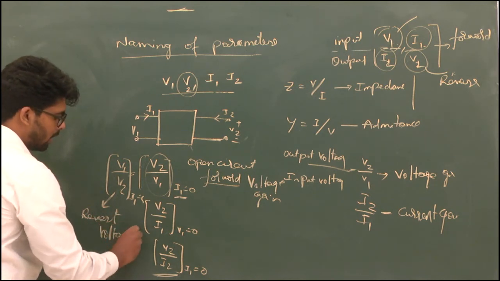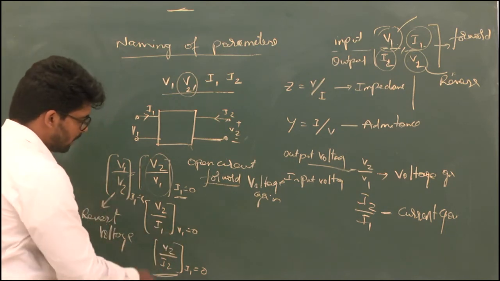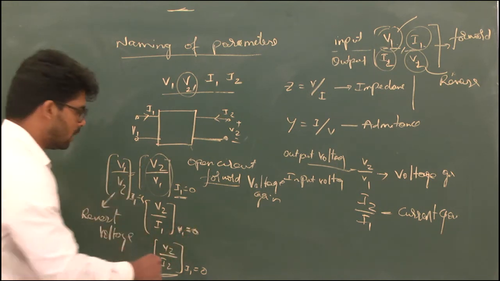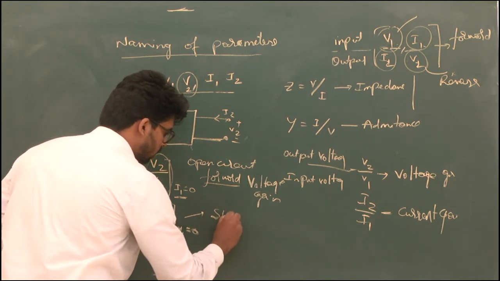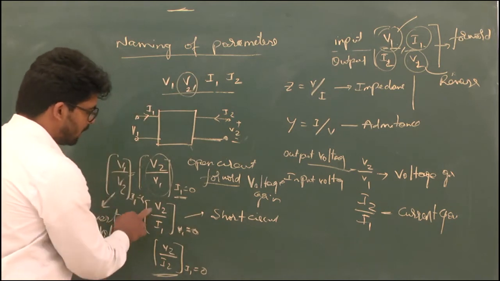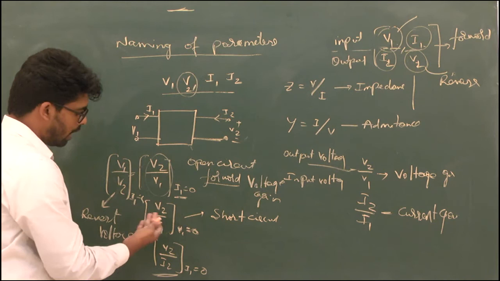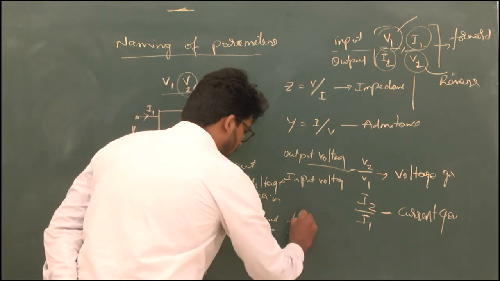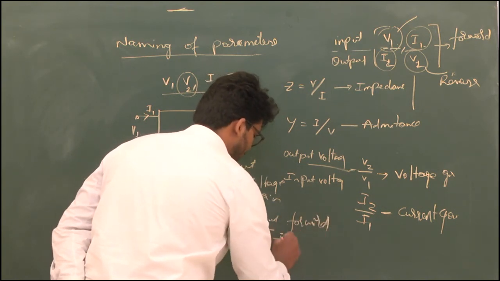Everything will occur in later sections. That's why I am discussing this initially. For example, here we are making V1 equal to 0, that is the input port is shorted, so it is called short circuit. The response you are getting is an impedance. According to output by input, this is called short circuit forward transfer impedance.